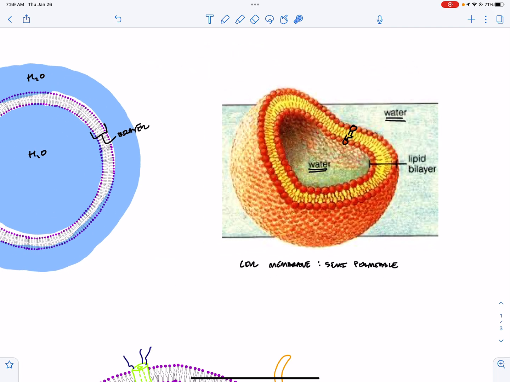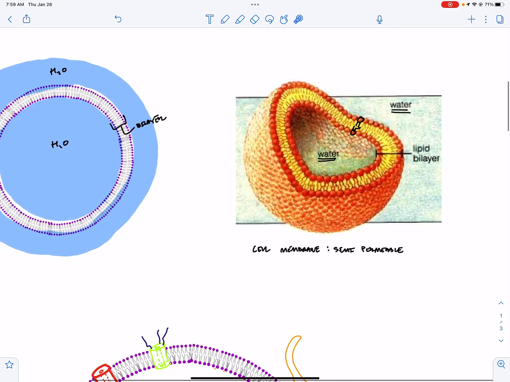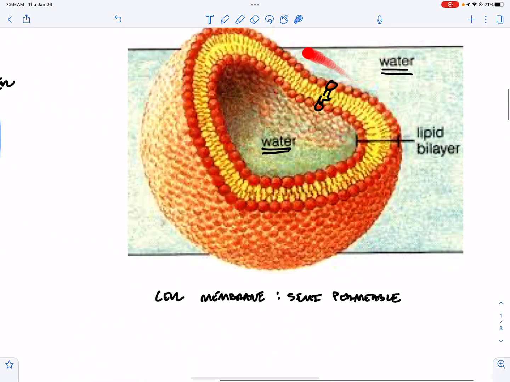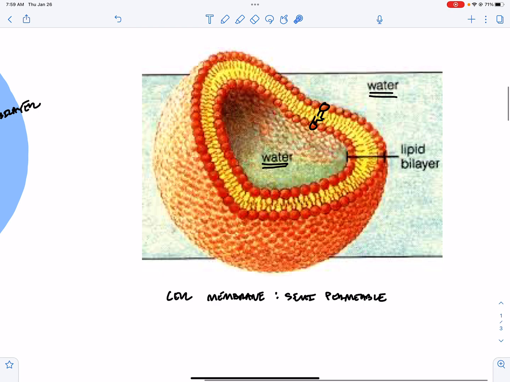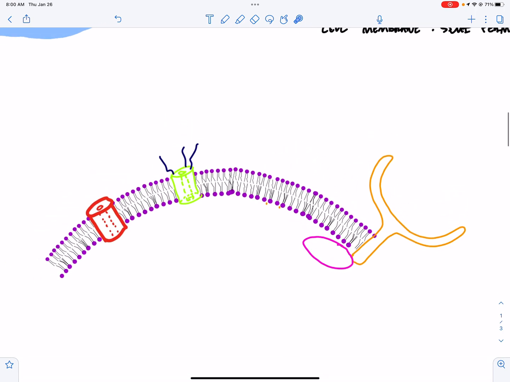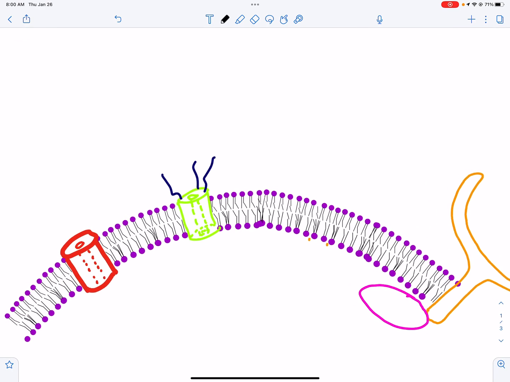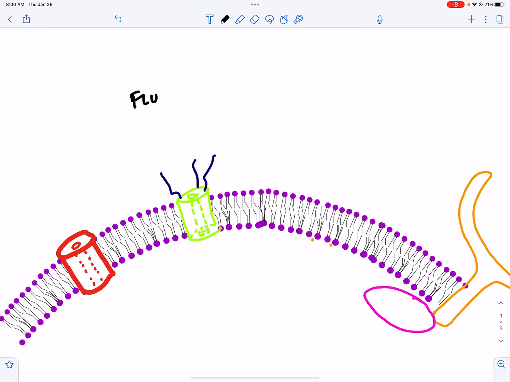Okay, and the last thing I want to introduce to you guys is this idea that this image makes the cell membrane look like it is exclusively phospholipids, but that's not the truth. When you actually look at a real cell membrane of any cell, you'll see that it is what's called the fluid mosaic model.